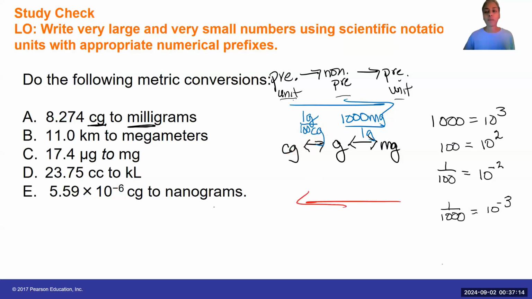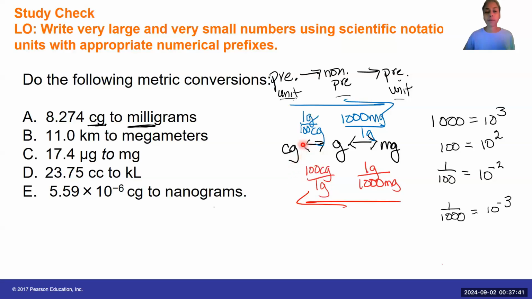What if now I wanted to go in the reverse? There are 100 centigrams in 1 gram, and there's 1 gram in 1,000 milligrams. It's the same units. The only thing that we did was switch the meanings. We switched them around, right?